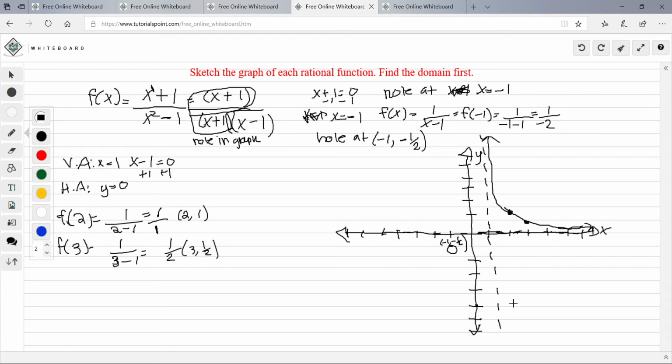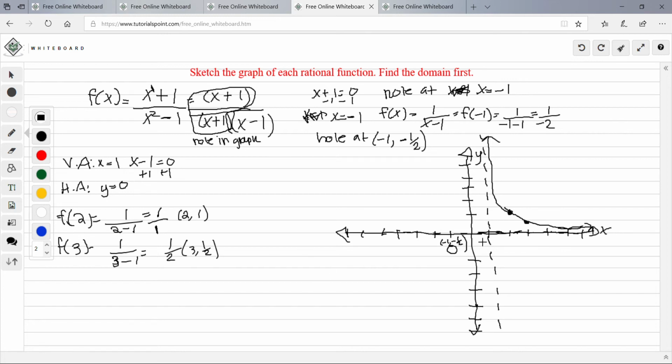Okay, so this is what the right side looks like. Now let's figure out what the left side looks like. I'm just going to guess points. I will not use 1, I will try 0.5. So here's 0.5.